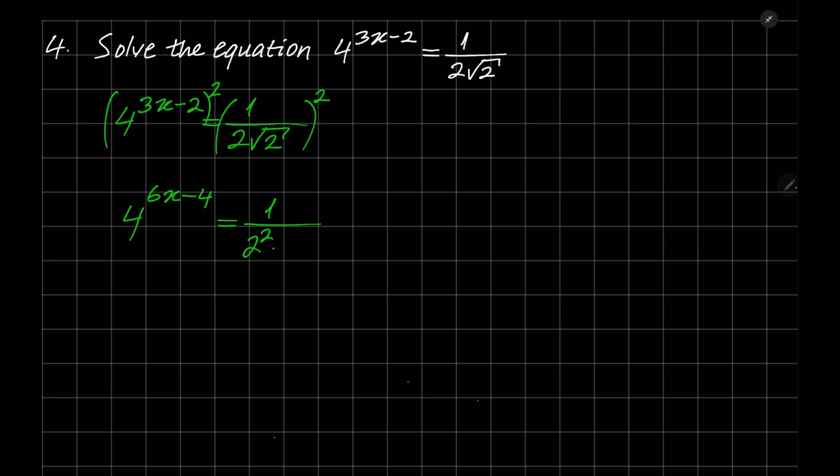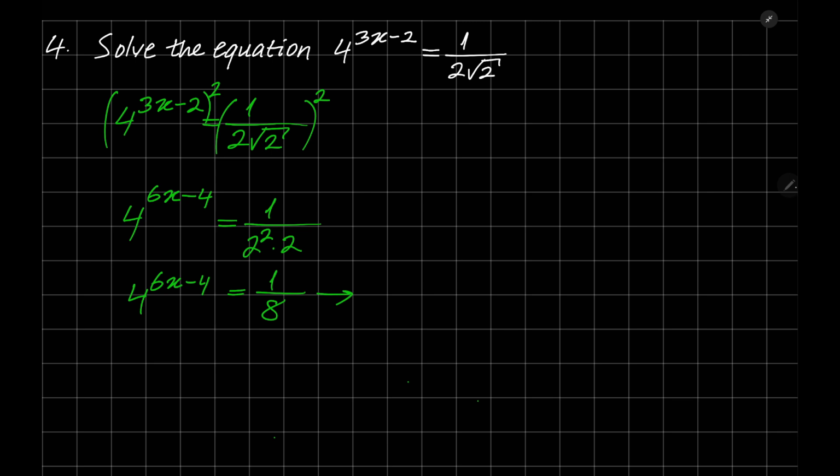That means 4 to the power of 6x minus 4 is equal to 1 over 8. Let's continue here.